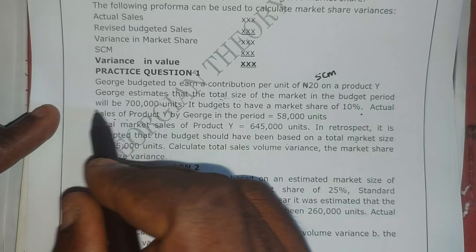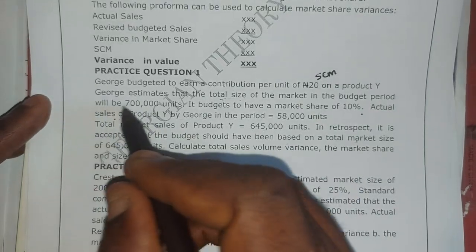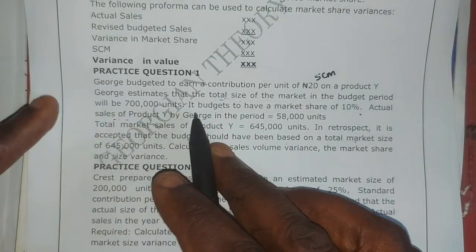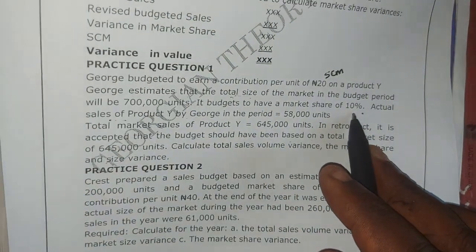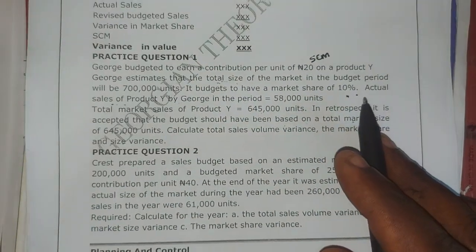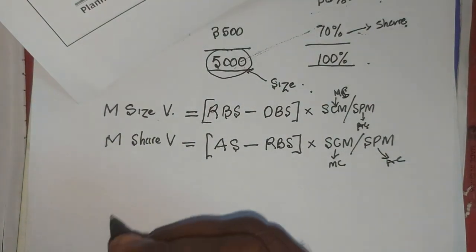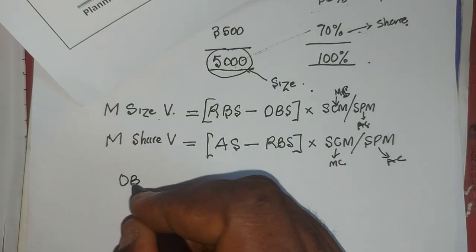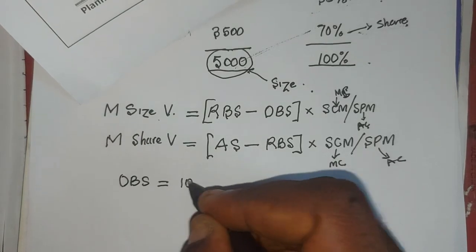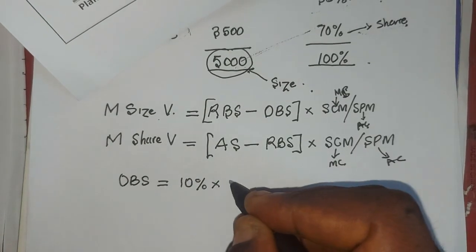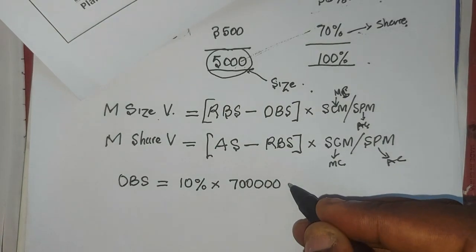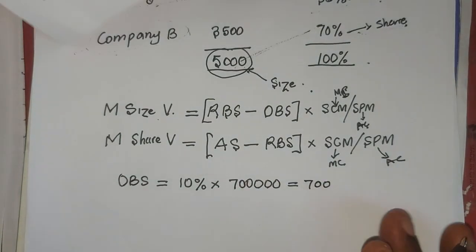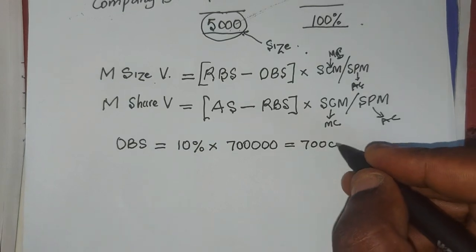It budgets to have a market share of 10% of that. So we can quickly calculate our original budgeted sales to be 10% multiplied by 700,000, and that gives 70,000 units.